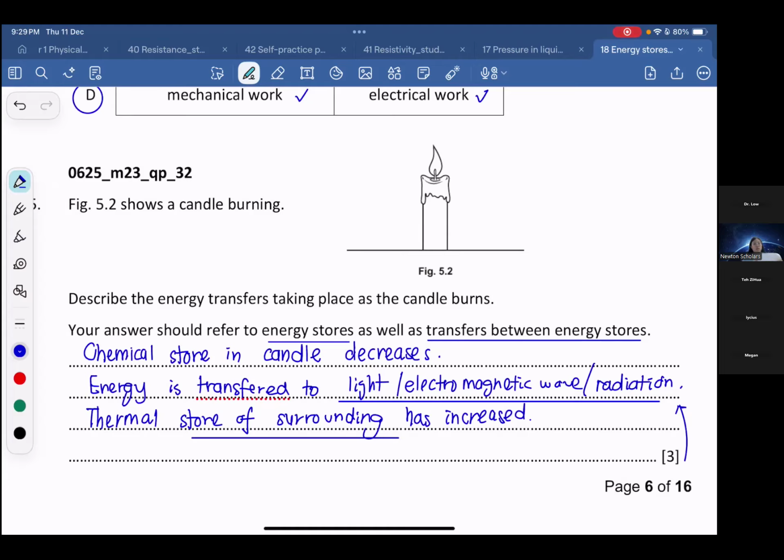Starting chemical store, at the end is thermal store. In between the energy stores, energy is transferred to light or electromagnetic wave.